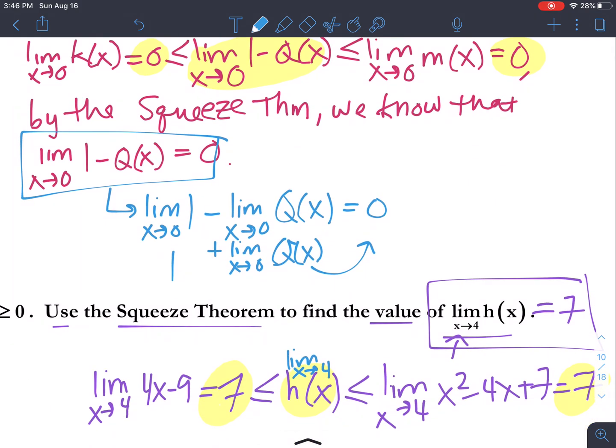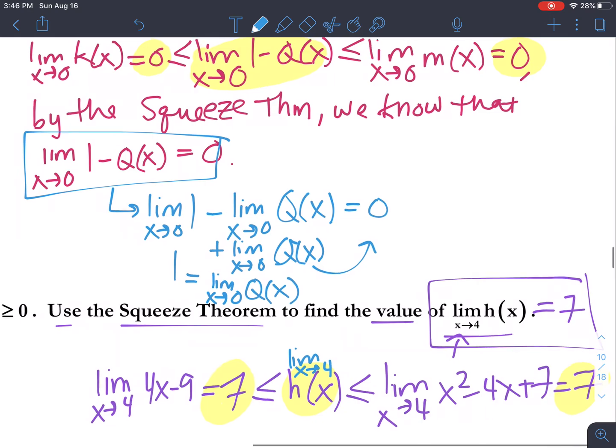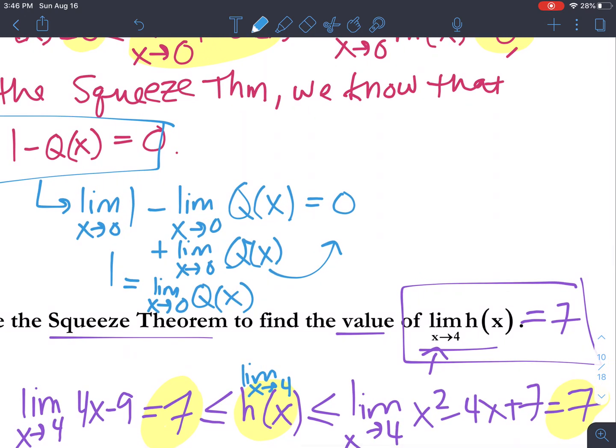So now I have 1 is equal to the limit as x approaches 0 of q of x. I'll write that a little bit nicer. Sorry, this is very sloppy. So again, this was equal to 1, and then I added this function to the other side. And so now I have the limit as x approaches 0 of q of x is equal to 1. And that's what we wanted to show.